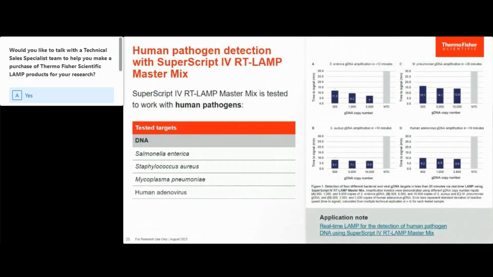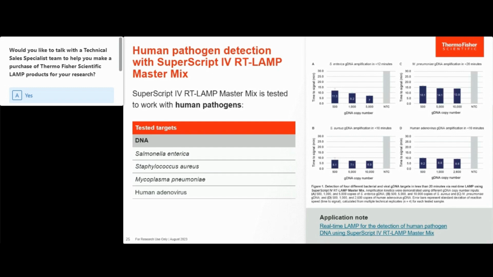After discussing LAMP applications and introducing the products, I would like to illustrate real experimental data and demonstrate the versatile use of the SuperScript IV RT-LAMP master mix across different applications. In this slide, we demonstrate the use of Invitrogen SuperScript IV RT-LAMP master mix for rapid real-time detection of genomic DNA from 4 different pathogens of humans, including Salmonella enterica, Staphylococcus aureus, Mycoplasma pneumoniae, and human adenovirus.